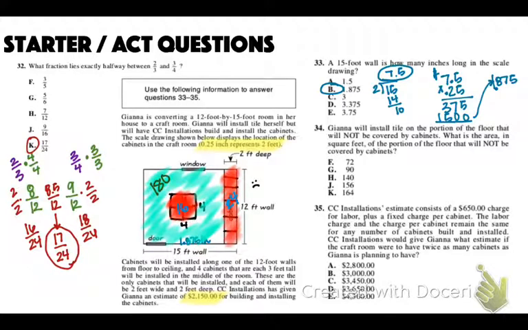So let's first figure out how much is covered by cabinets. If we just do 16 plus 24, you get 40. But to figure out what is not covered, the rest of it will be 180 minus the 40 that was covered. So it would be 140.